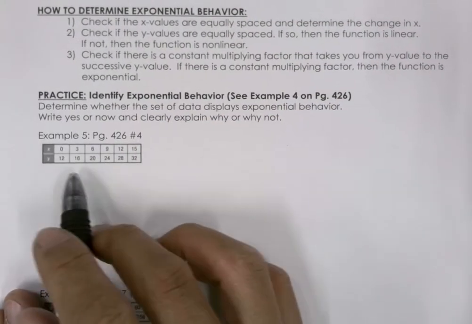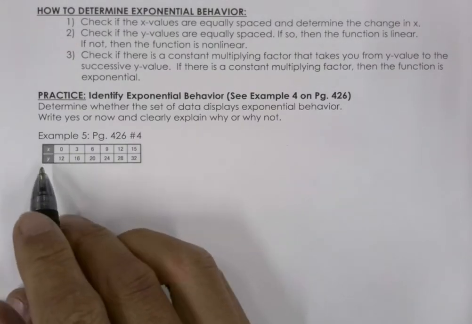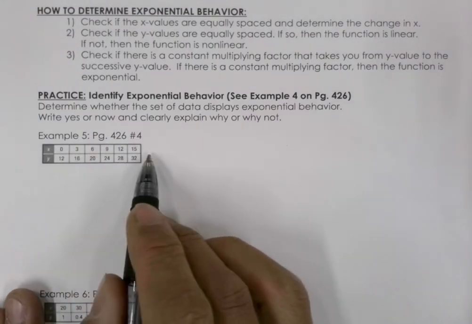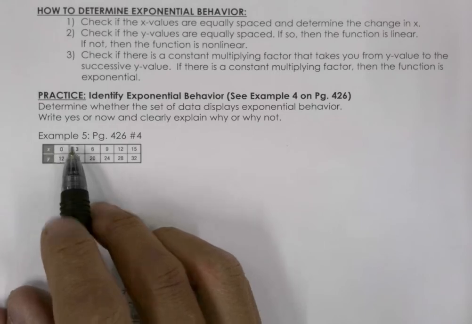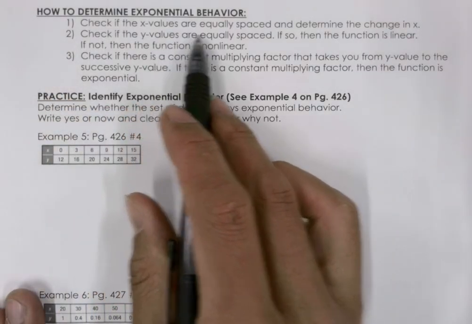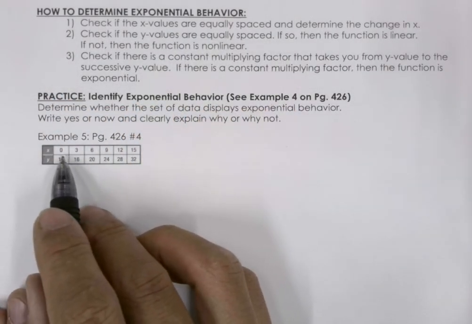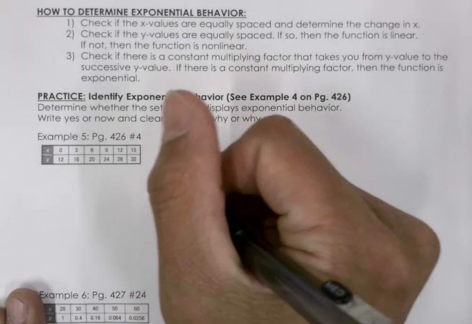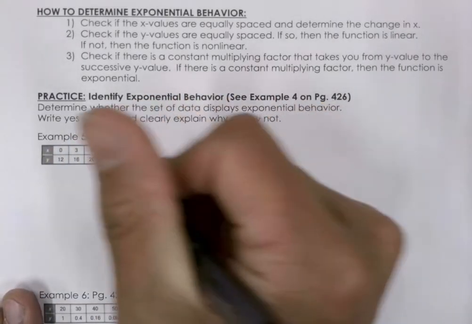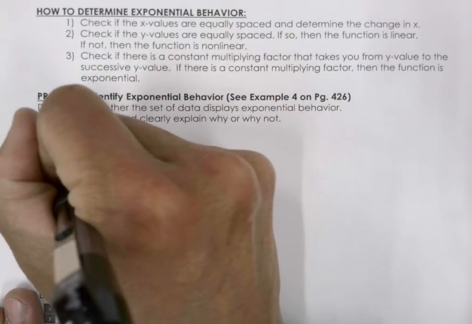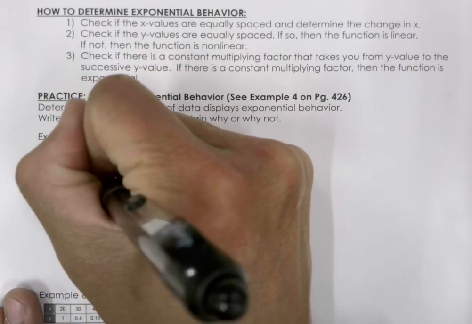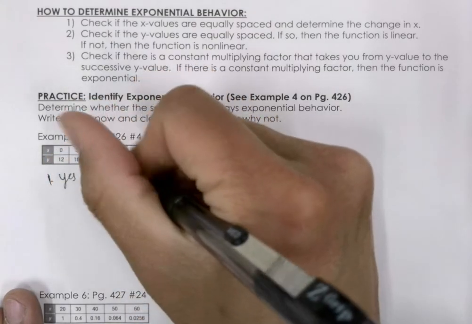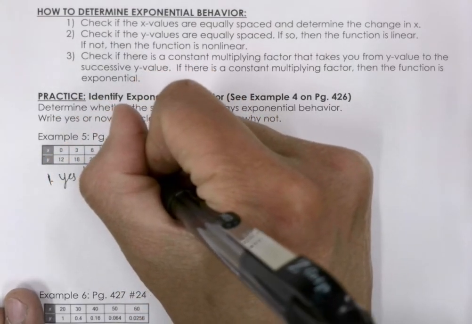So let's go ahead and take a look here. We have this set of x values and this set of y values. The first check is, are the x values equally spaced? And we already talked about this. The x values are equally spaced. So we can say that for number 1, yes, they are equally spaced.